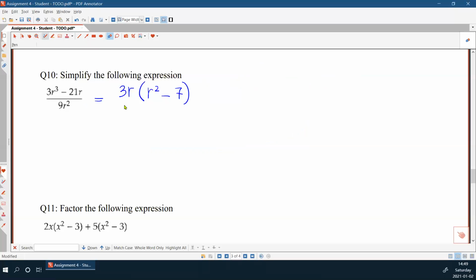Okay, now let's see the denominator. The denominator is 9r squared. Then we can cancel something here. 3 canceled with 9, which leaves us a 3 here. R canceled with R, which gives us a 3R here, right? So the final result is r squared minus 7 divided by 3R.